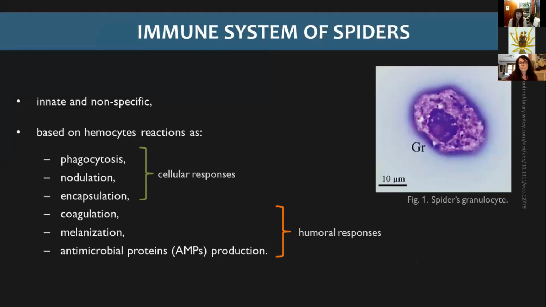And at the beginning, a little information about the immune system of spiders. It's innate, non-specific, and based on hemocyte reactions. Hemocytes are cells from the hemolymph, and their immune reactions are, for example, phagocytosis of microbes, coagulation of wounds, or encapsulation of foreign bodies.